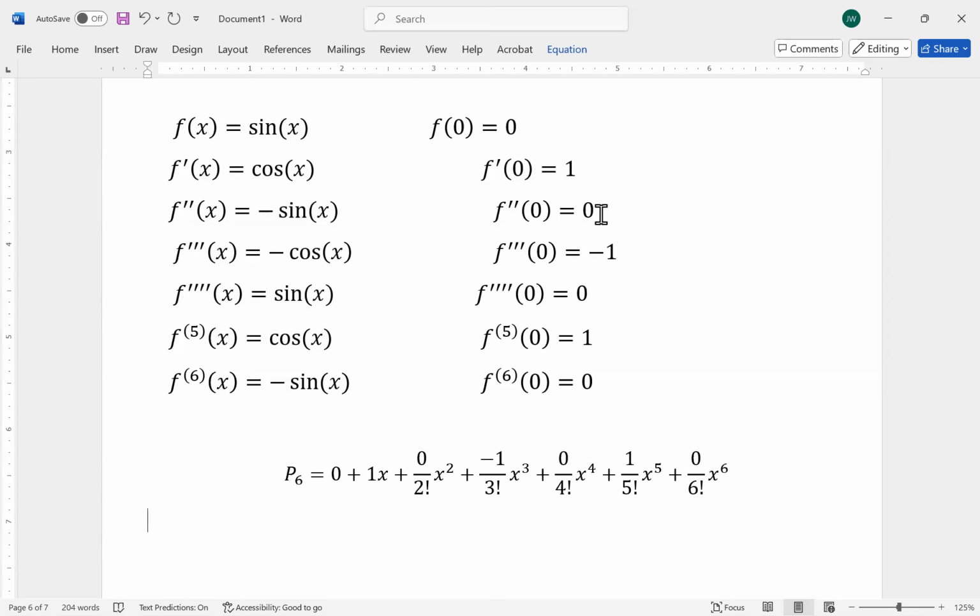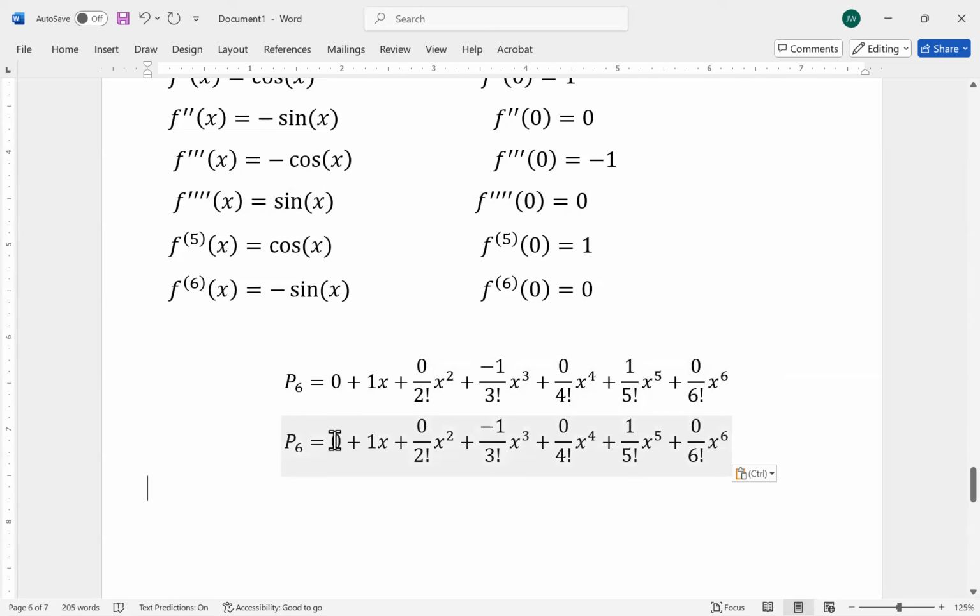Simplifying this, if I take this polynomial and simplify the coefficients, I actually get a lot of zeros.